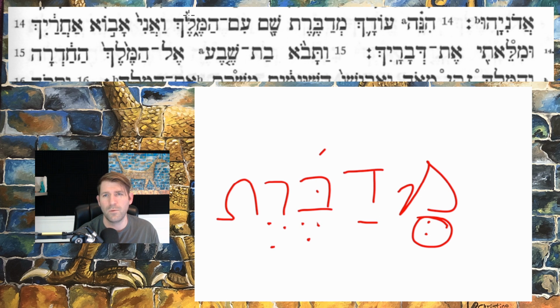So maybe a good way to do this. This hine is sort of painting a picture of, trying to think of a good way to bring it across in English. Look, you will still be speaking there with the king, and I.